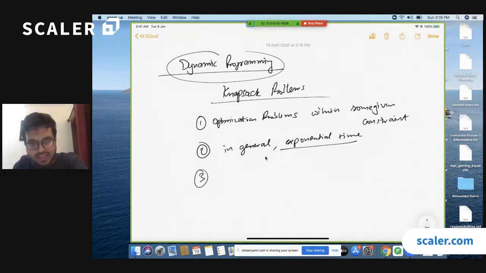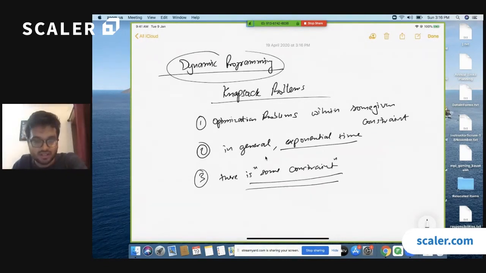But these problems become very, very interesting because there is some other constraint in the problem, other than the problem size, which makes these problems solvable in polynomial time. Please understand this very, very carefully. In the set of knapsack problems, there is some constraint.